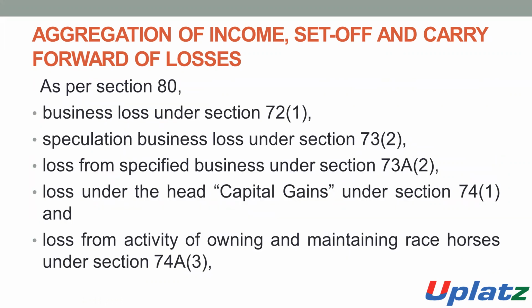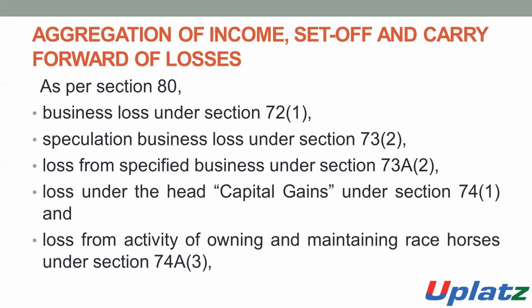As per section 80, these are the losses: business loss under section 72 subsection 1, speculative business loss under section 73 subsection 2, loss from the specified business defined in section 35AD under section 73A subsection 2, loss under the head of capital gain under section 74 subsection 1, and loss from the activity of owning and maintaining race horses under section 74A subsection 3.